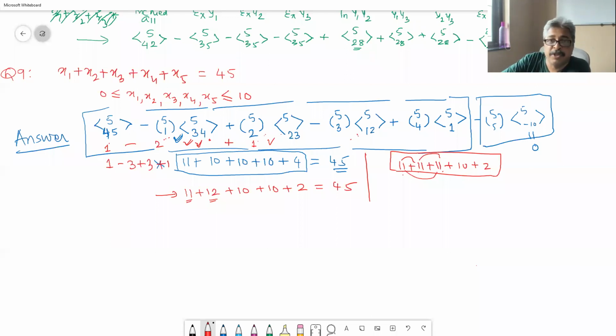Word problem to be solved using elbow notation. Question number 10. There is an exam of 5 subjects.